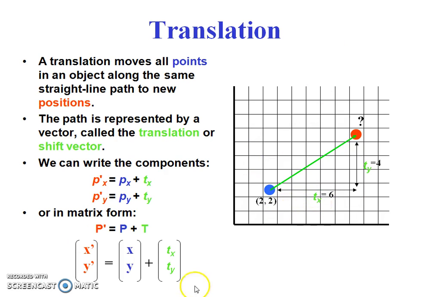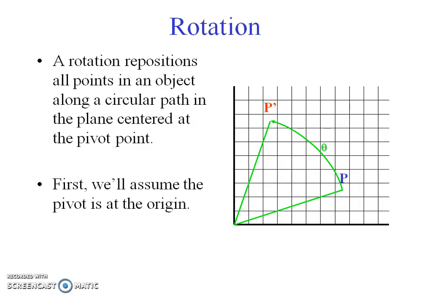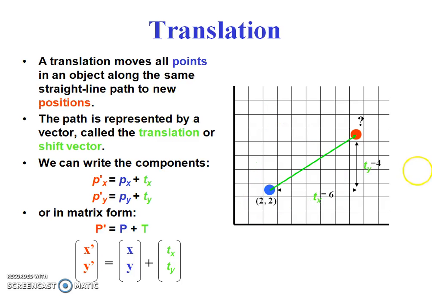For example, if I consider this point as (2, 2), x value as 2 and y value as 2, and I move 6 points towards the x direction, and 4 points towards the y direction, then 2 plus 6 will be x prime, and 2 plus 4 will be y prime. These are the translation equations and the matrix form.